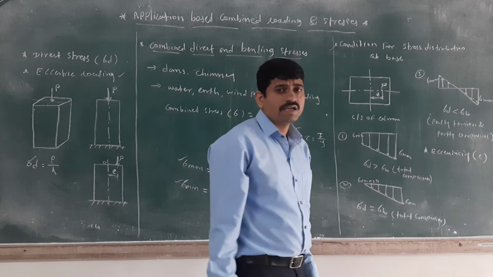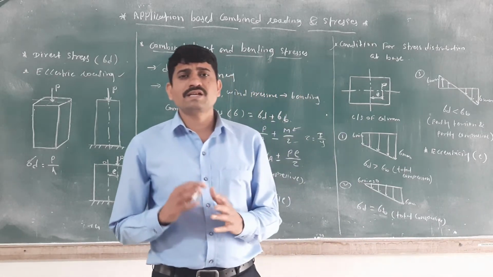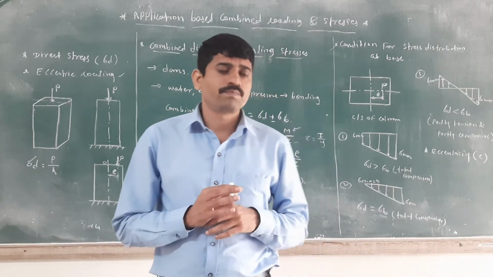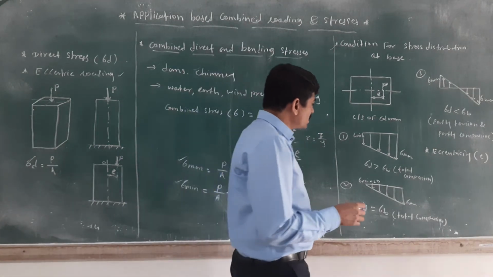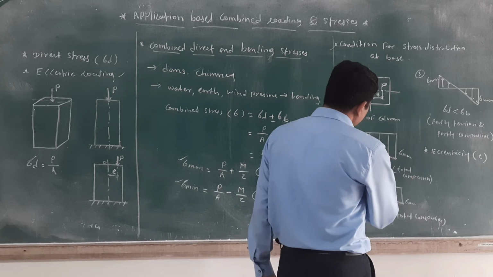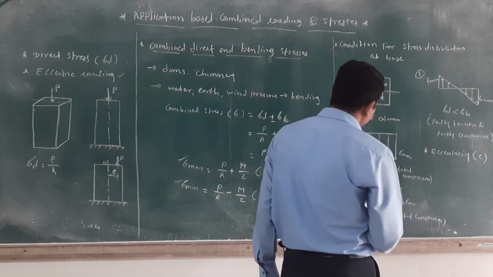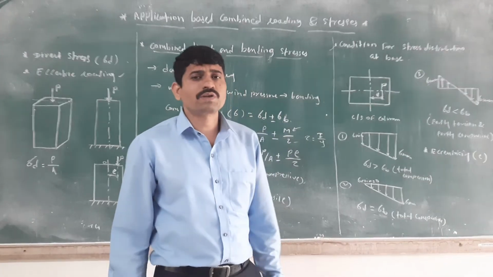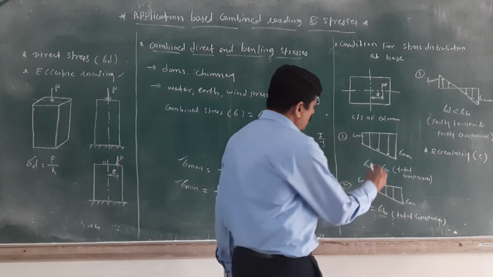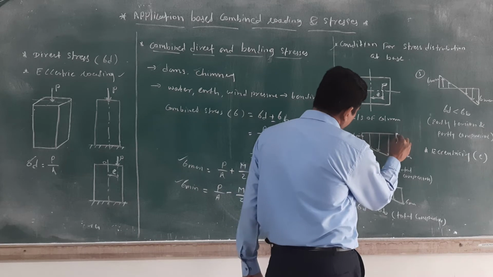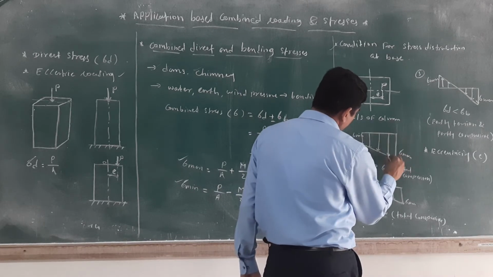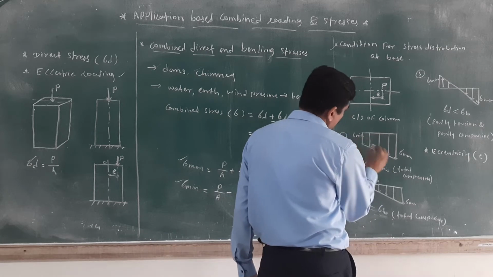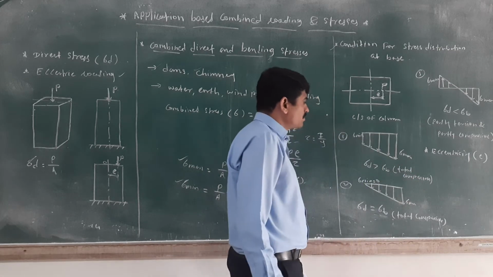If the direct stress is greater than the bending stress, then the stress distribution is totally compressive. Remember that, and you will get this shape, sigma minimum to sigma maximum.